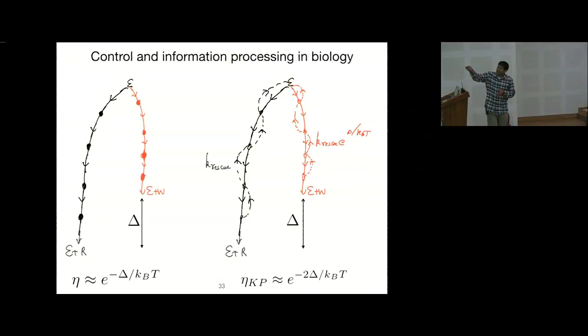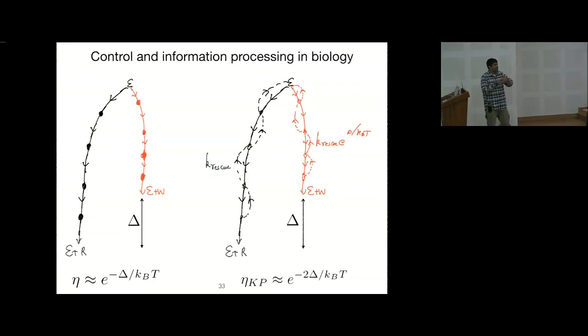And this delta that I've put in here, just an extra term for now, is the discriminating ability of the enzyme, or the proofreading ability of the enzyme, and that's what's going on over here.